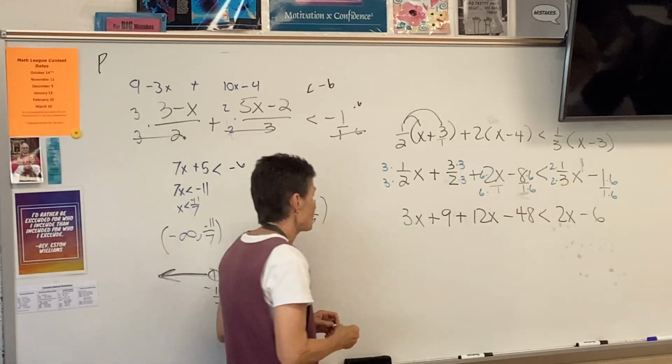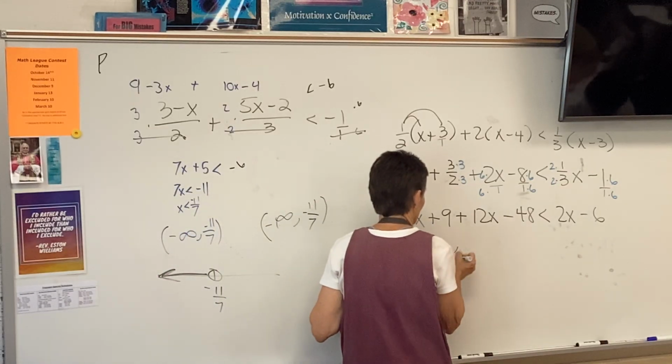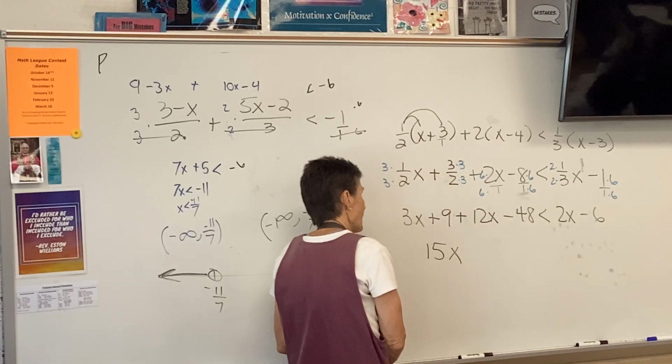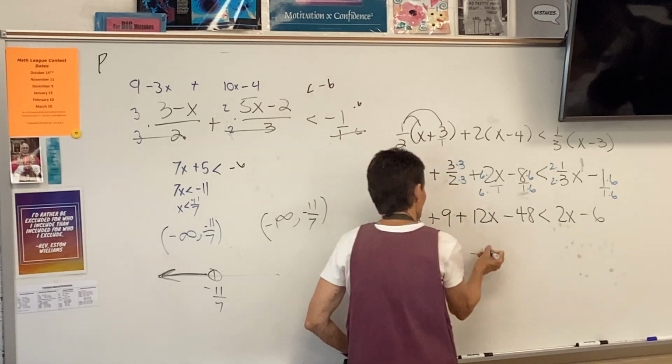All right, let's collect by terms. 15x minus 48, what is that? 39.